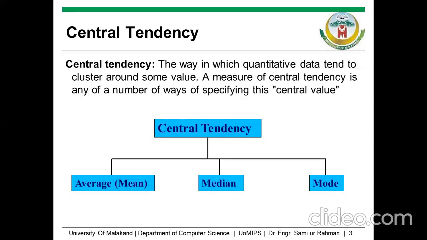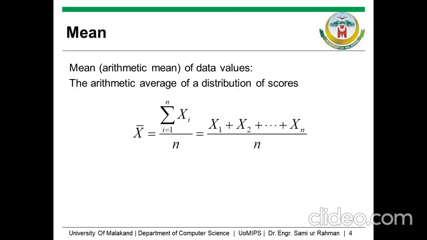We can compute central tendency through calculating mean or average, and we can also do it through median and mode. One point to be noted is that these three are not the same things, but these are used for computing central tendency.